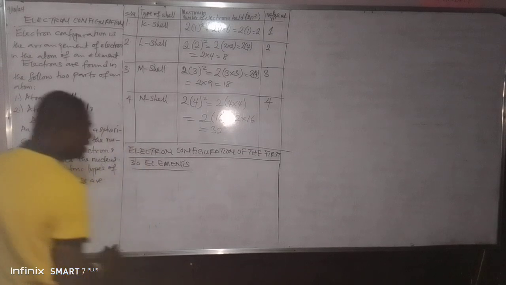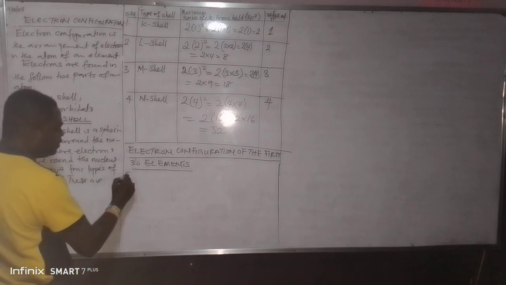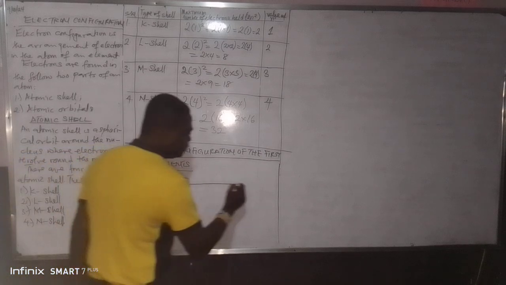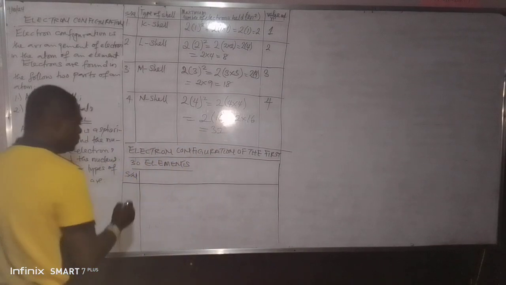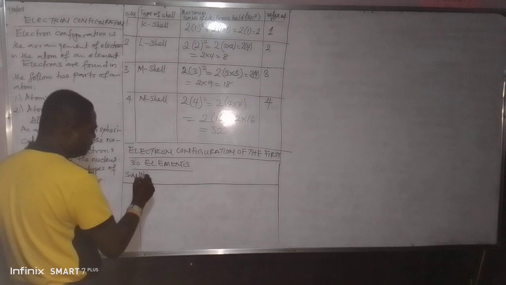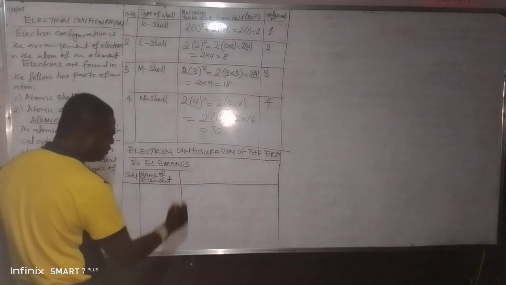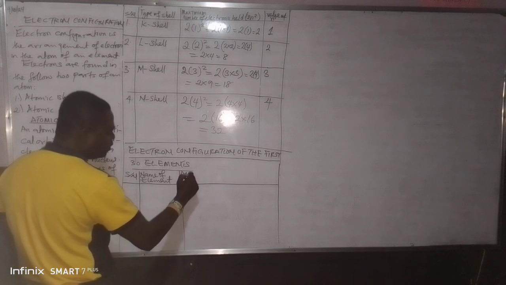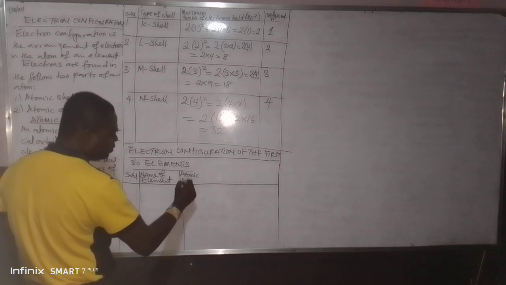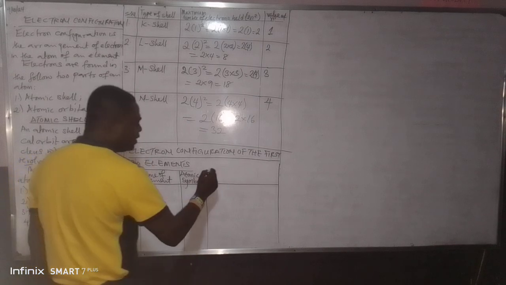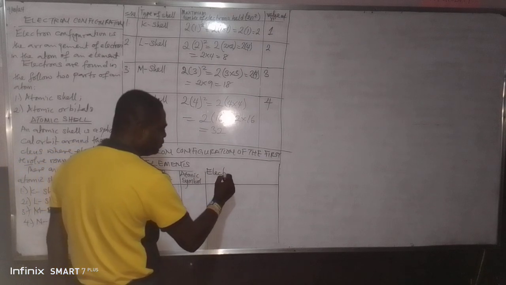For the first 30 elements, we have serial number, name of element, atomic symbol, then we have electron configuration.